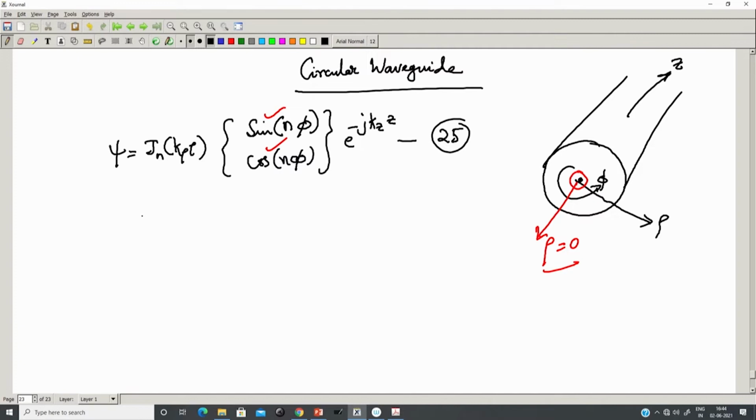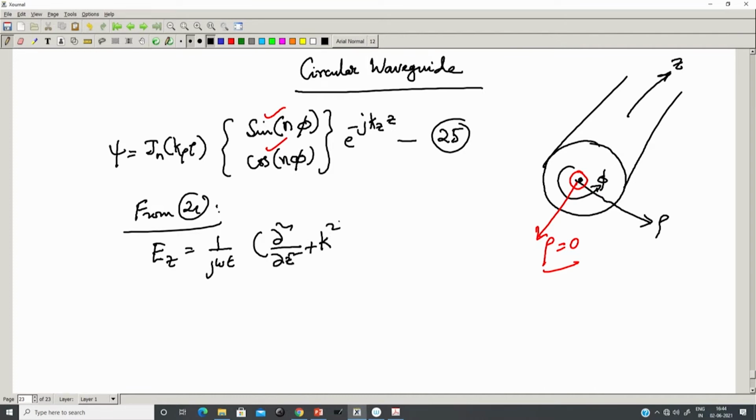Now, if we go to the electric field expressions for the TM to z mode from equation 21, we can write Ez as 1 by j omega epsilon, we deduce, del square by del z square plus k square, psi.